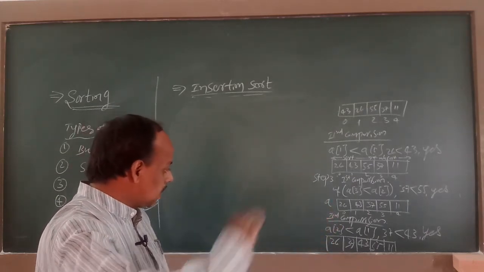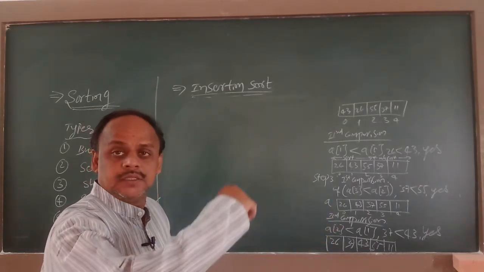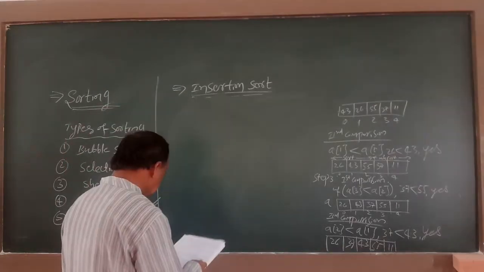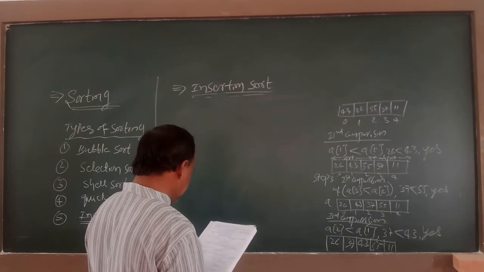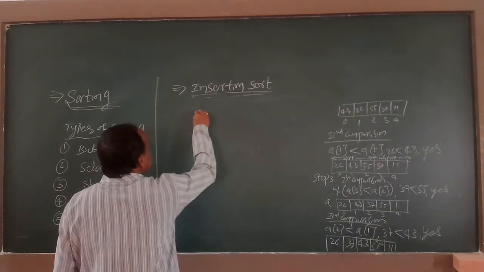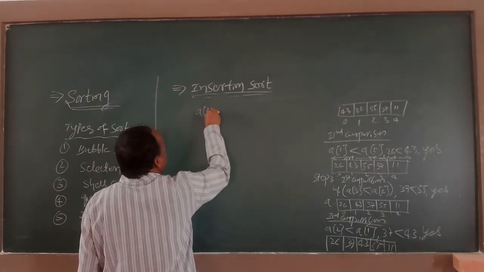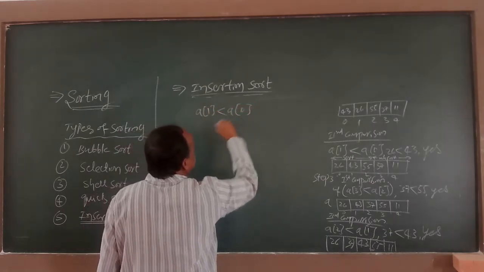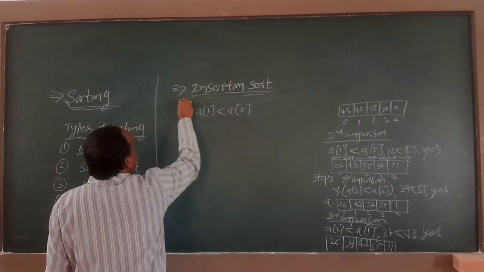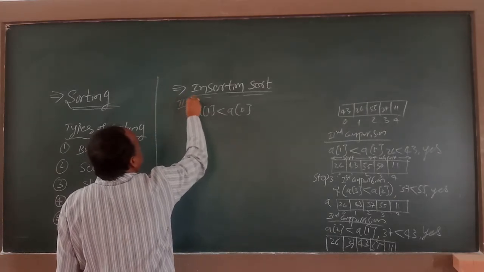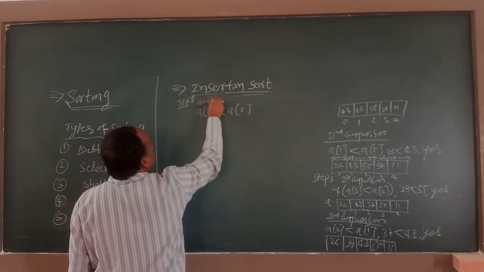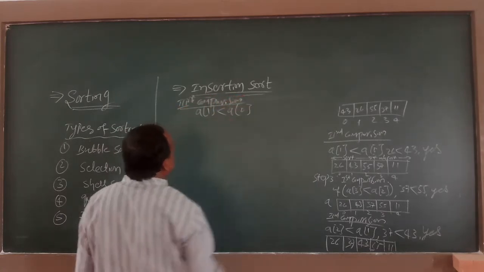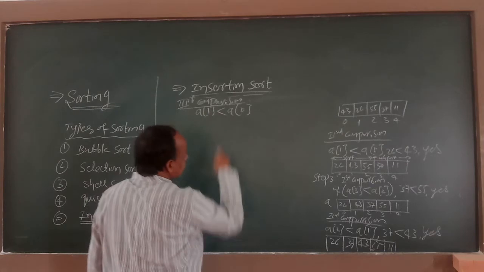Now compare A of 1 with A of 0, right? Third comparison. A of 1 is less than A of 0.